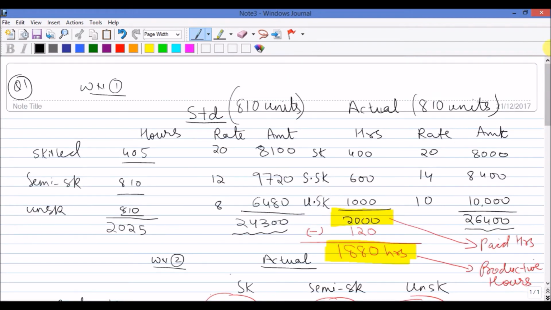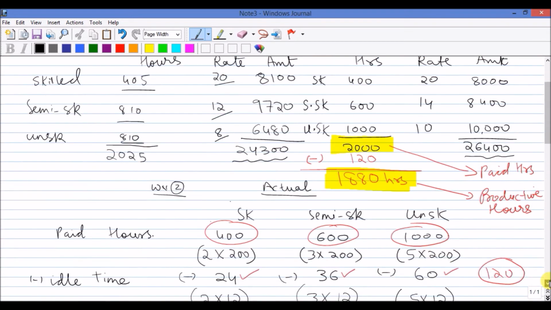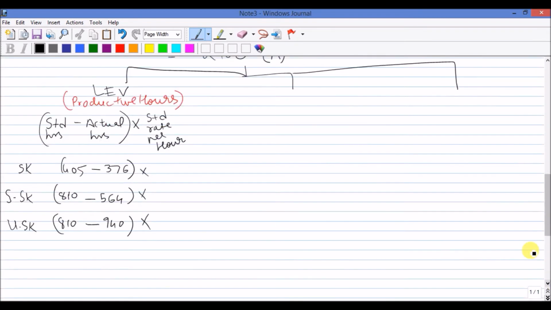If those who are not following, just see lecture 1: 20, 12 and 8. Now what we are going to do is 405 minus 376 into 20, that is 580.